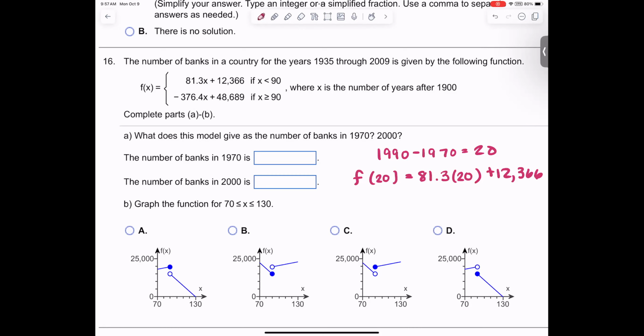I cheated, I used my phone. So I get 13,992. Okay, how about the second part? The number of banks in 2000, is that 100? Because the year 2000 is 100 years after 1900.